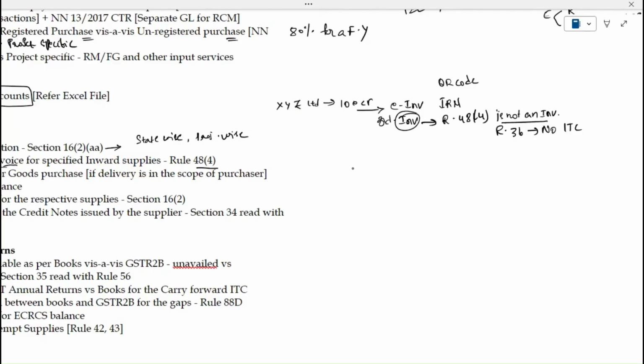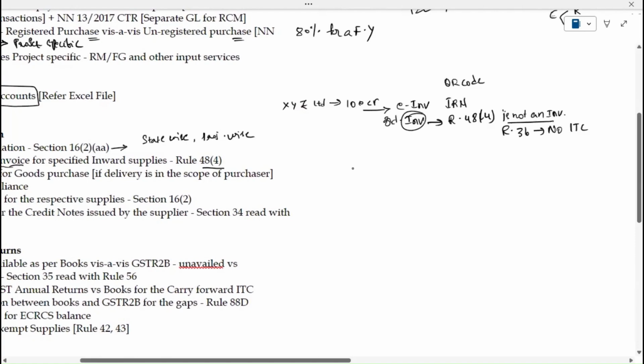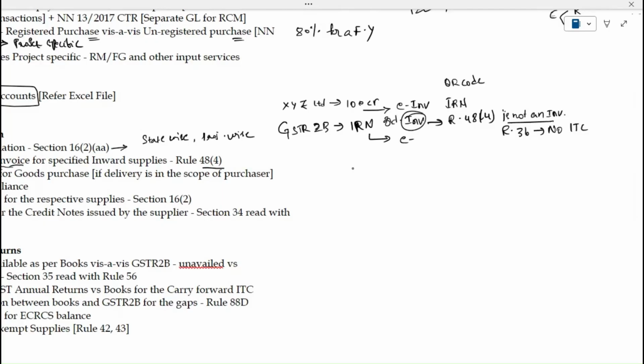So what is that I have to do? Whenever we have GSTR-2B, in GSTR-2B you have IRN details. Just filter supplier-wise where there is no IRN. This particular data, you can check on the e-invoice portal, if you put the GST number, whether e-invoice is enabled or not enabled.